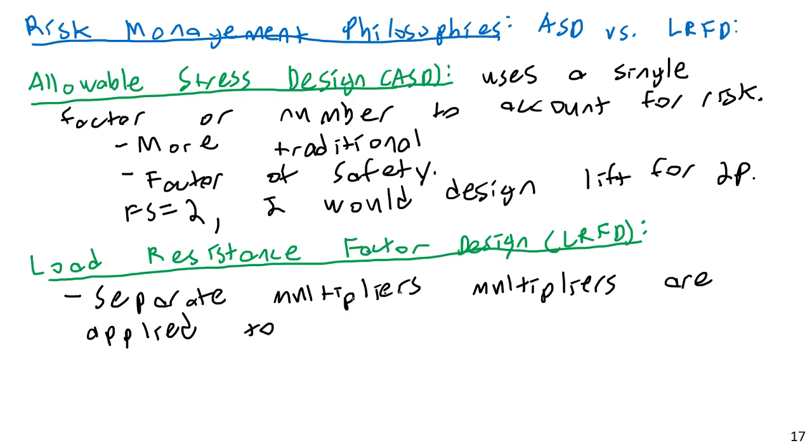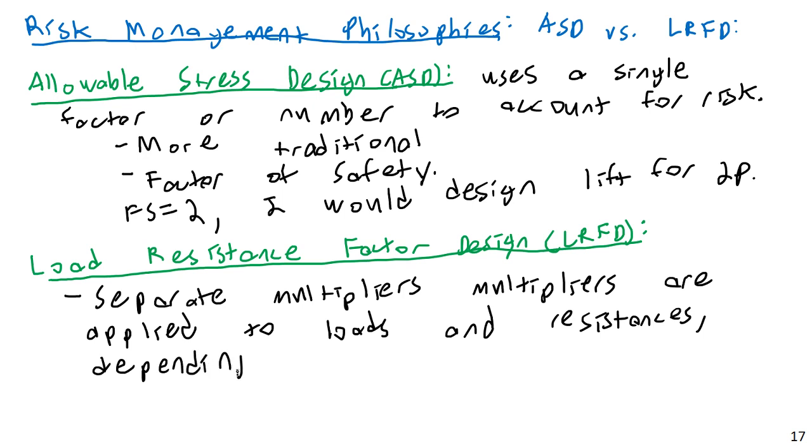I want to talk about this in more detail later, but I wanted to define both of these on the same page. Separate multipliers are applied to loads and resistances depending on the statistical uncertainty for each.